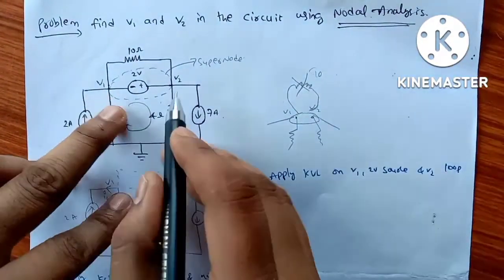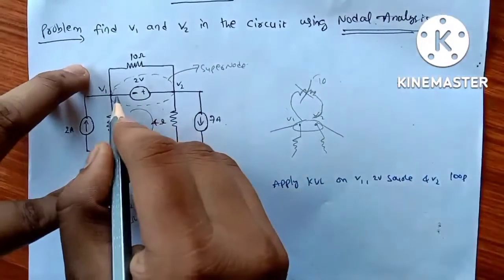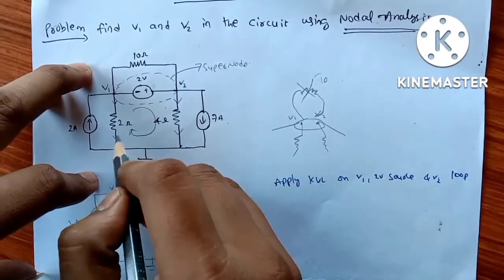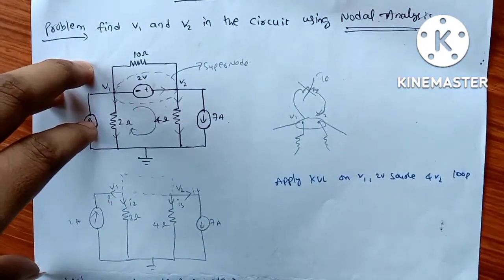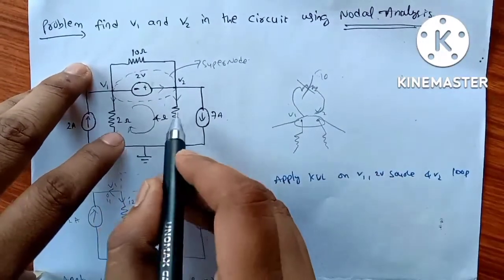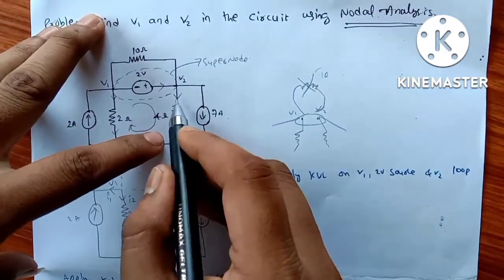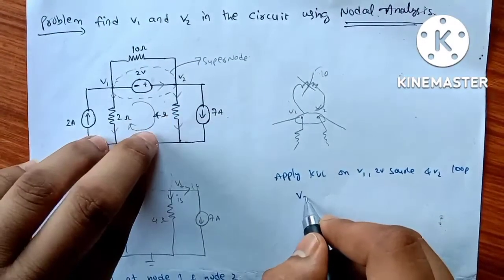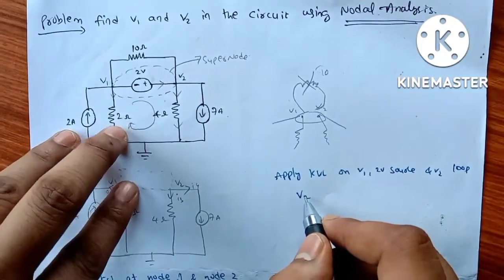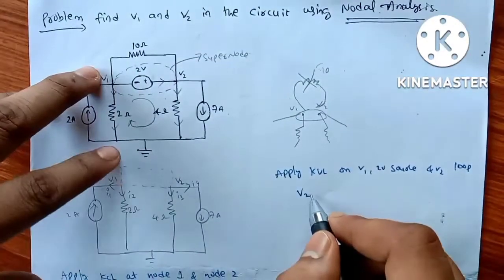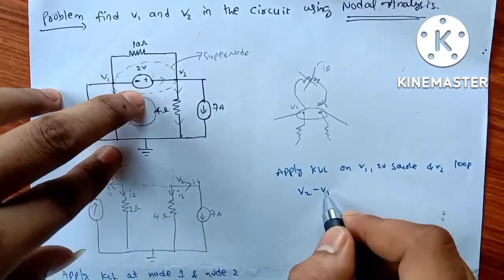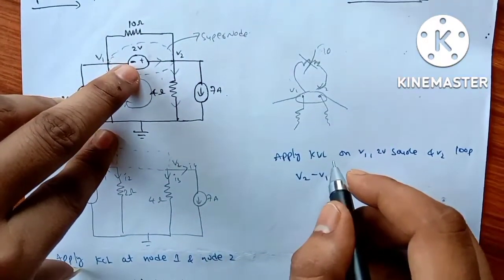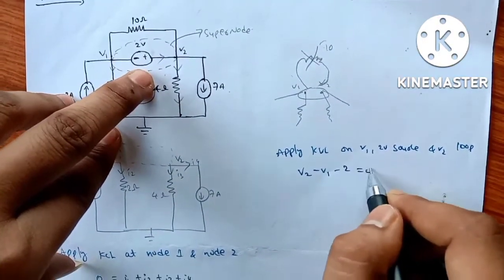here the current flow direction is in this direction. From the current directions, if we apply KVL, V2 is along the current direction, so positive V2, and this is opposite to the direction of the loop current, so minus V1, and the current touches the negative terminal of the voltage source first, so minus 2, which equals 0.